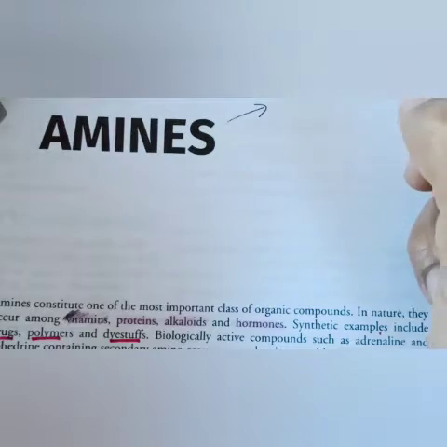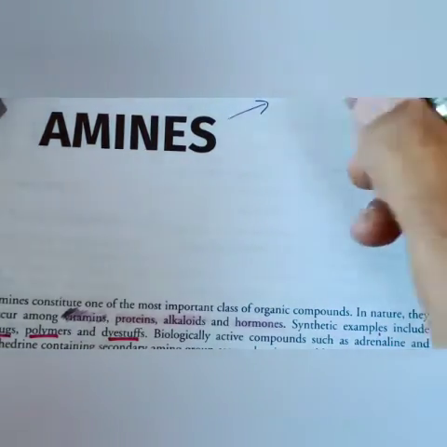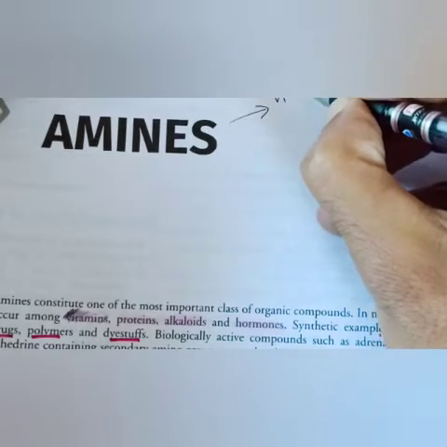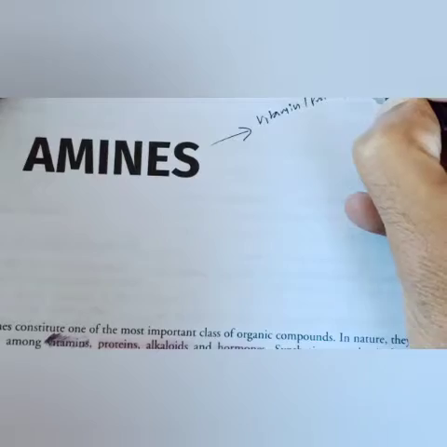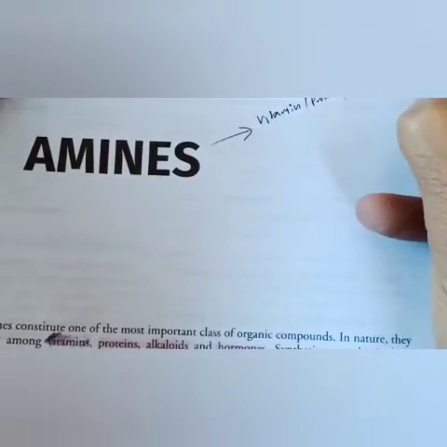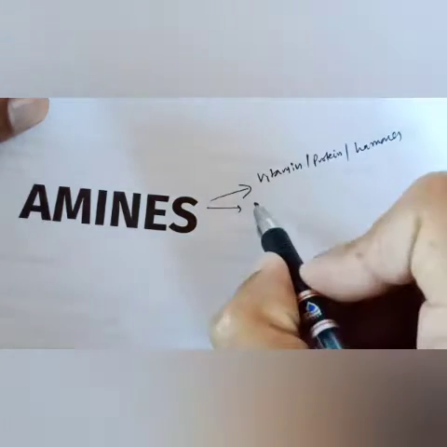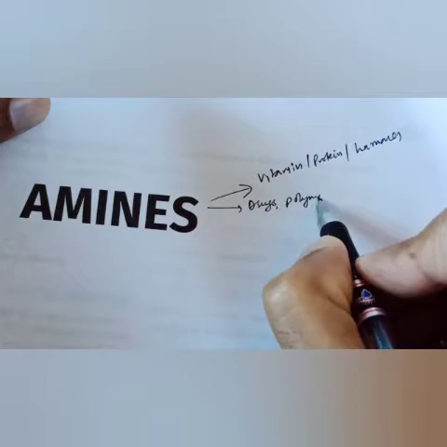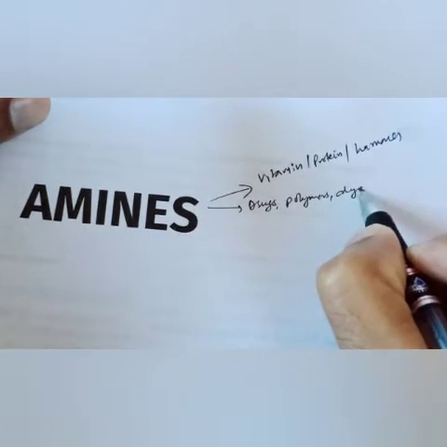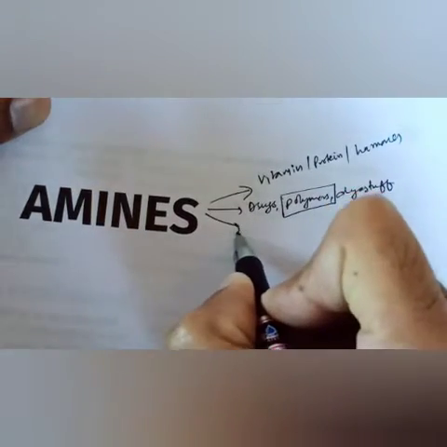They are used in vitamins, proteins and hormones in our body. Similarly, synthetic amines are used in drugs, polymers and dye stuff. Polymers are our next chapter, where we will study in detail.